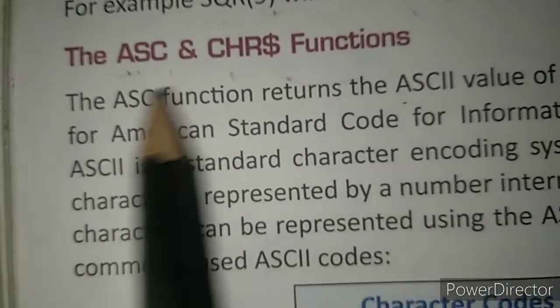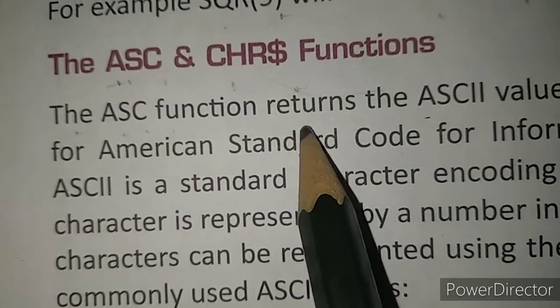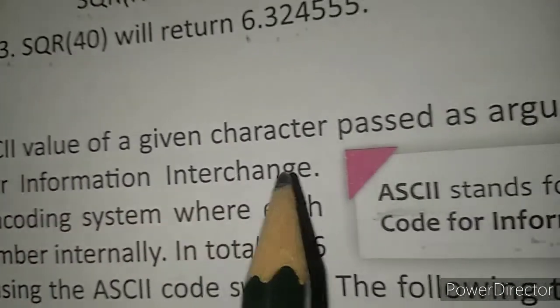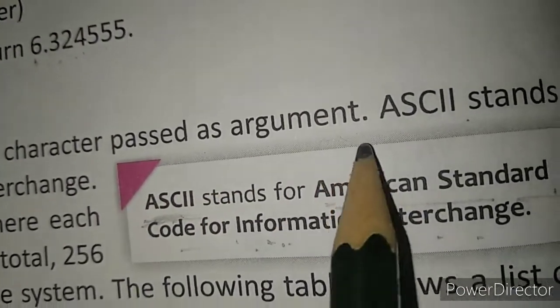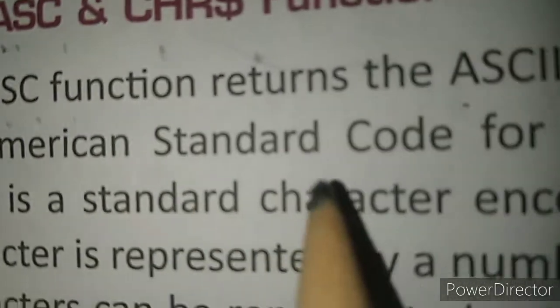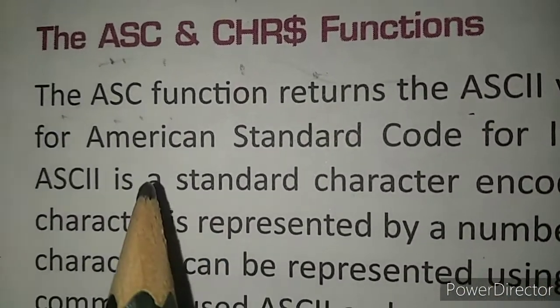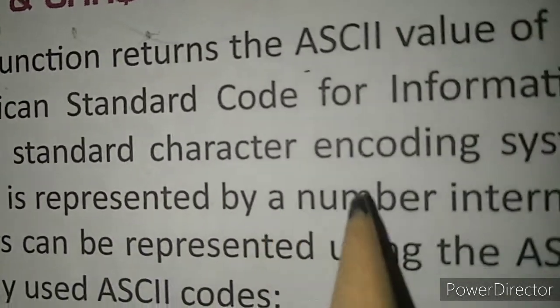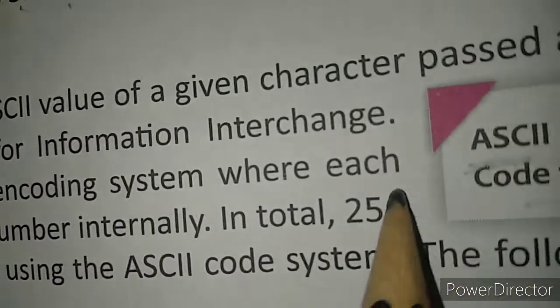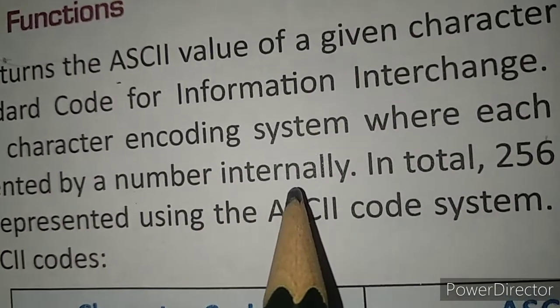First of all, we should read what has been written in the book. The ASC function returns the ASCII value of a given character passed as argument. ASCII stands for American Standard Code for Information Interchange. This is a standard character encoding system where each character is represented by a number internally.